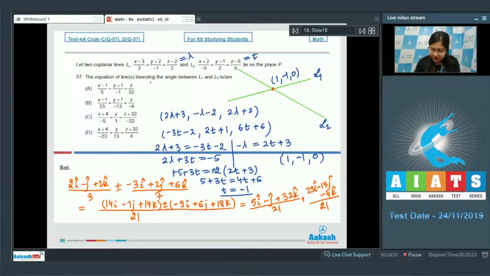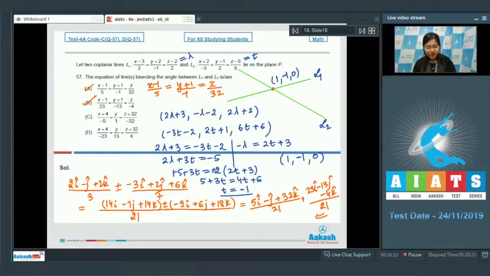So equation of line will be x minus 1 divided by 5 equal to y plus 1 divided by minus 1 is equal to z minus 0 divided by 32. That is given in option number A, so it is correct. Also taking another vector, as it is passing through 1, minus 1, 0, option number B is also correct.